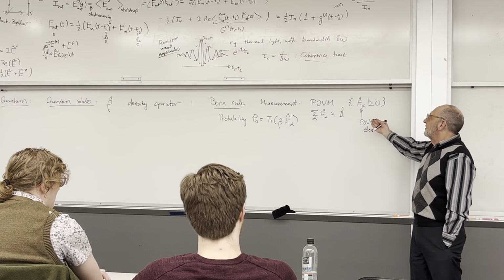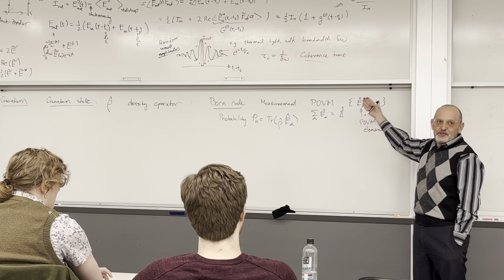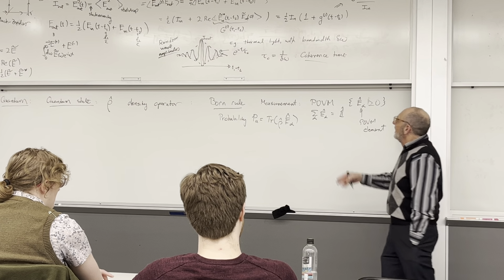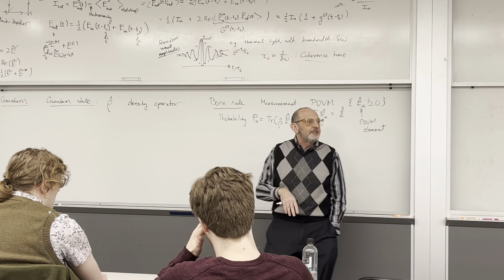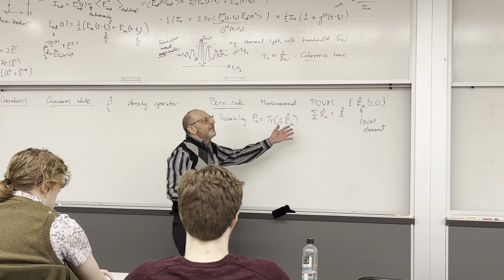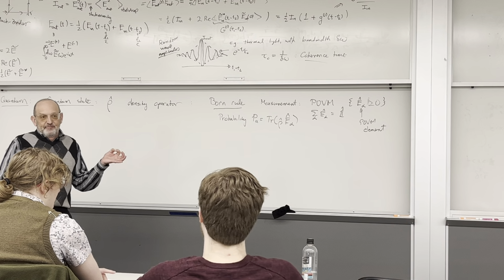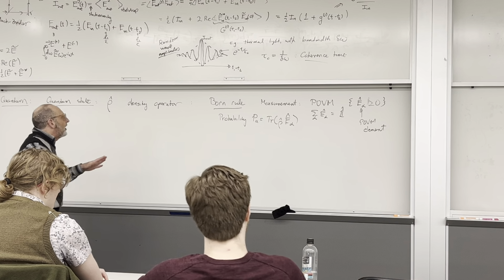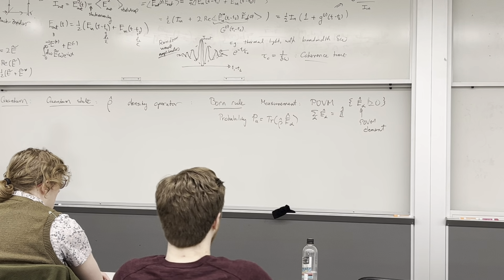There are operators whose expectation values are positive numbers, which means they could be probabilities, and they're normalized in this way, so any set of positive operators forms a potential measurement in principle that could be done on the system.